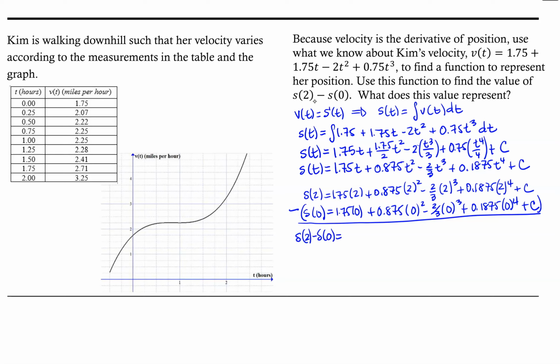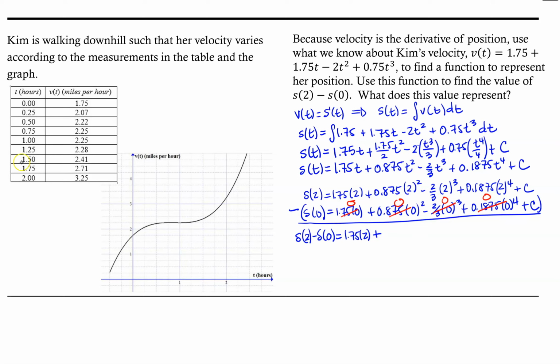Okay, so we have 1.75 times 2 minus this term here, which is 0. So we get 1.75 times 2 plus, in s of 0, this is also 0, this is also 0, and this is also 0.